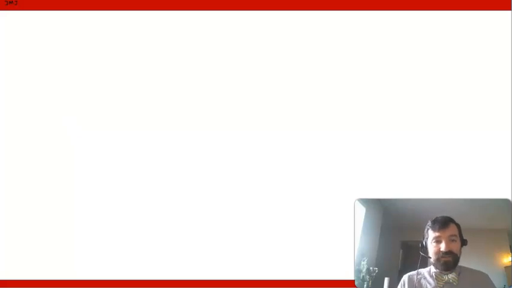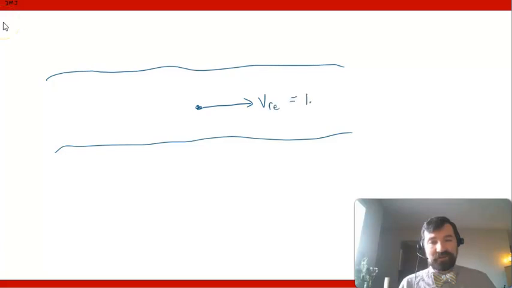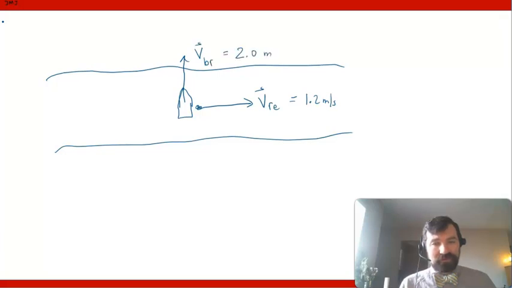So let's say that I have a river like this, and the river itself is flowing such that V river Earth is maybe like 1.2 meters per second. And I happen to have a boat that is trying to row across the river, and the boat is rowing with V boat river of maybe 2 meters per second.